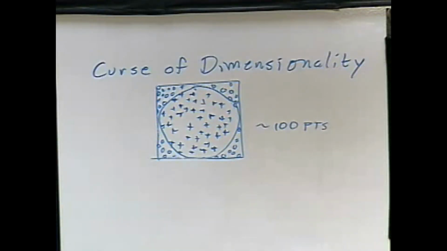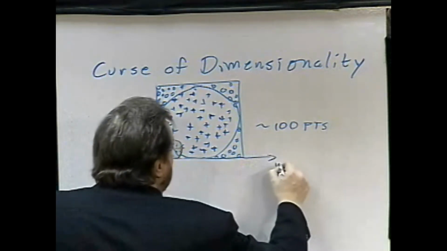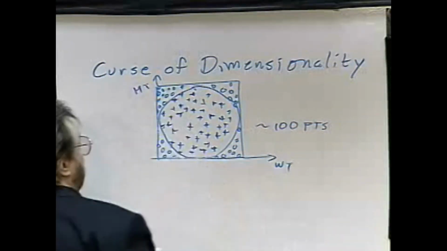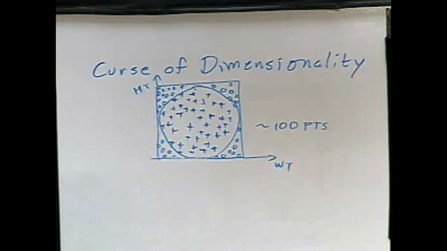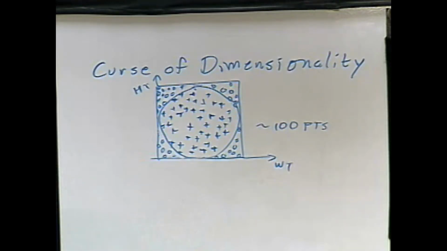So if I were doing the jockey basketball player thing, and it was classified like this, I'd need 100 people who are jockeys and basketball players in order to characterize the people within the circle from without the circle, right?